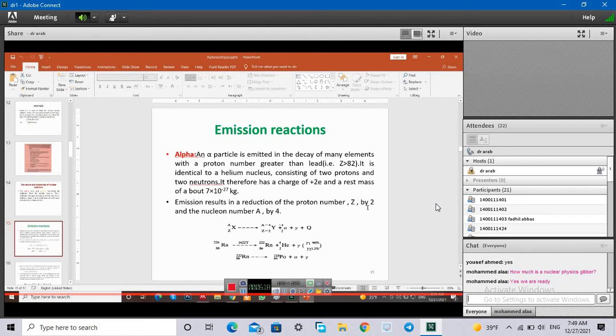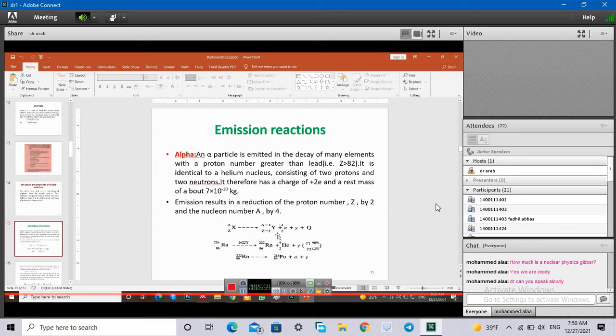As far as you remember, in alpha emission, the atomic number and the mass number of the daughter are 2 and 4 units less than the mother nucleus respectively. As you can see here, the atomic number is 2 units less than the atomic number of the mother radionuclide, and the mass number in the daughter radionuclide is 4 units less than the mother radionuclide.